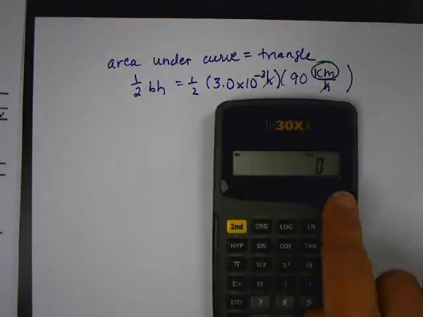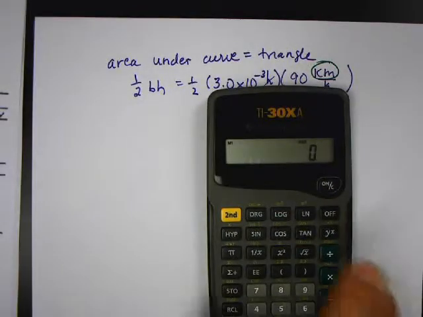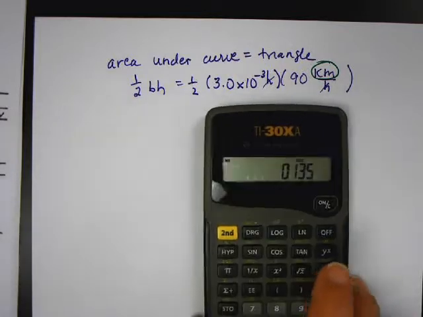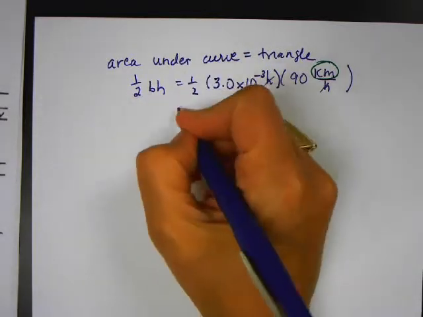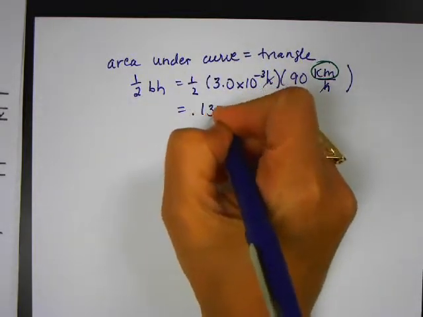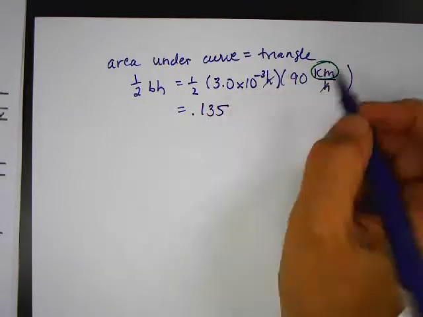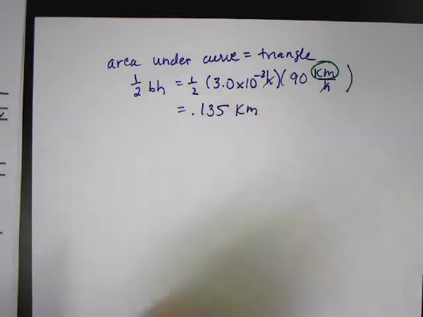And when I do it on my calculator, I'll say 3 EE minus 3, times 90, equals, divided by 2, equals, and I get 0.135. So that said how far, and that would be in kilometers because that's what's left.